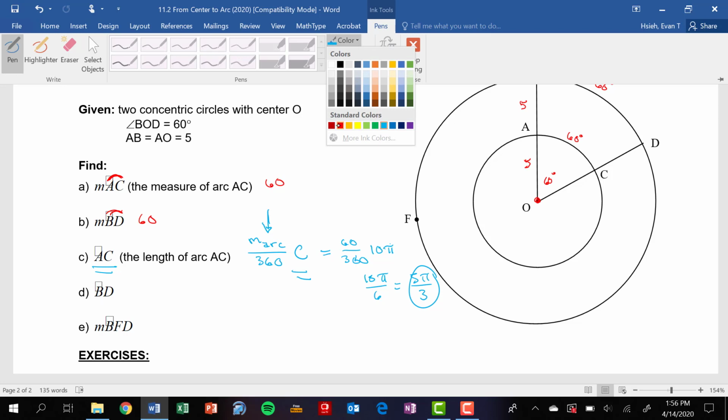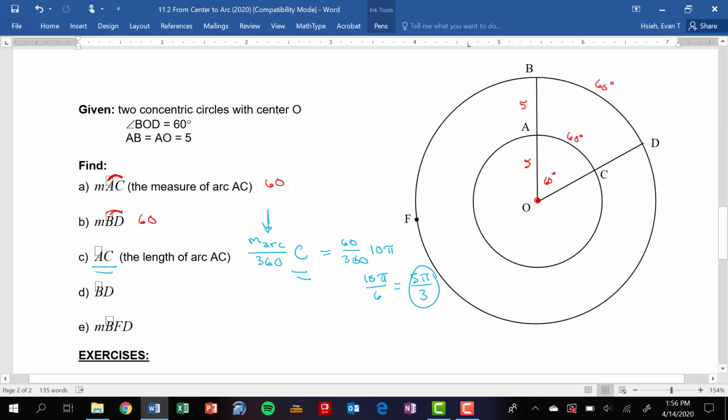Whereas for the length of arc BD, hopefully you can see that this arc is going to be a lot bigger than the length of the arc from A to C. If we check this out, the measure of the arc is the same, so it's 60 over 360. But the circumference is going to be a lot bigger for the bigger circle.